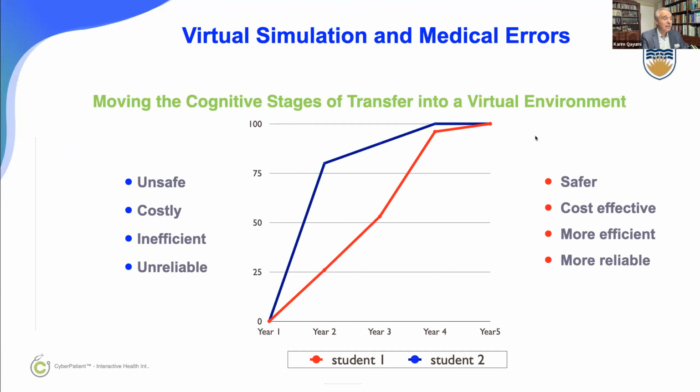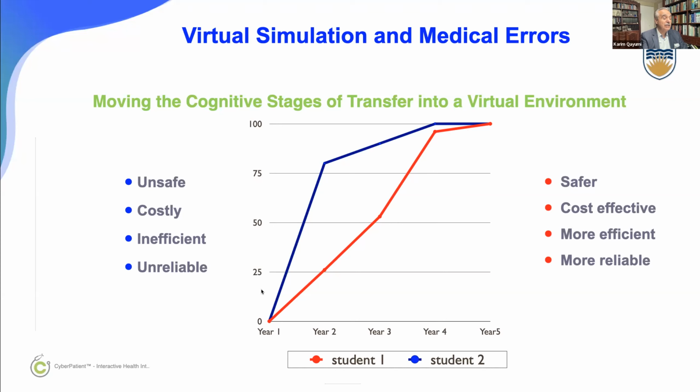In a normal situation, which would be the red one, it takes a year or 2 or 3 for our residents to become chief resident and do independent work.